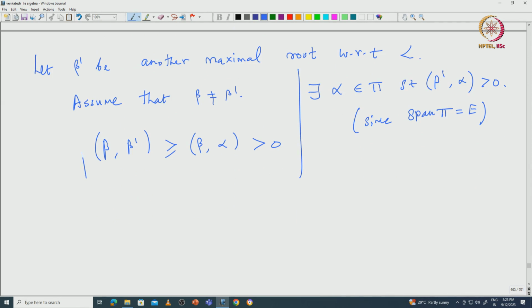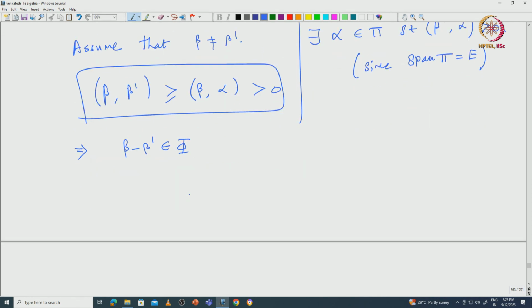For that alpha, the inner product of beta and beta dash is greater than 0, but then this forces, from our earlier lemma, that beta minus beta dash is a root. Then there are two choices. Choice 1, beta minus beta dash is positive, and choice 2, beta dash minus beta is positive.